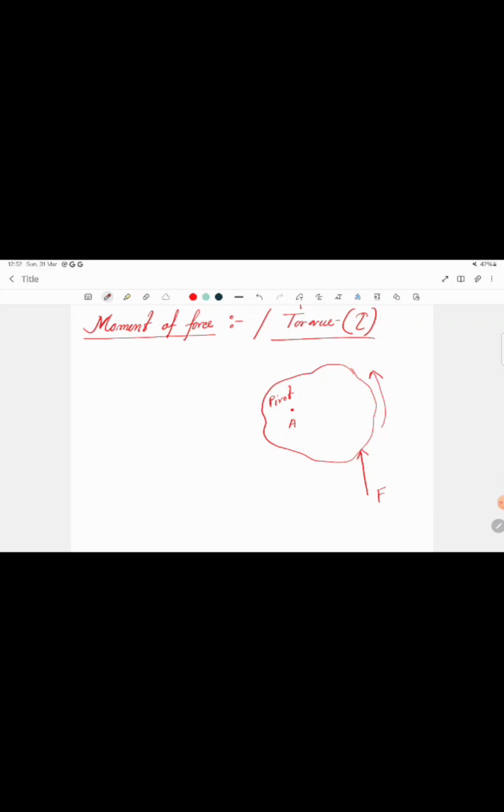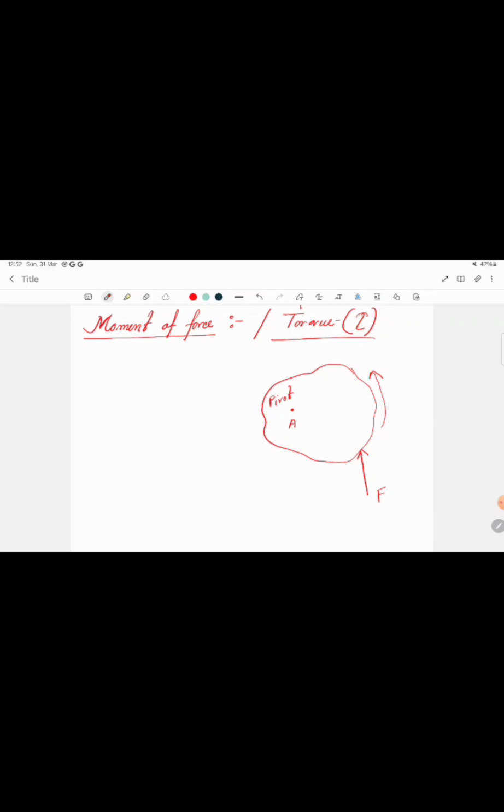Now what we have to say is that the moment of force means force into the perpendicular distance of the line of action of the force from the axis of rotation. Pivot point is A. The force is applied over here.